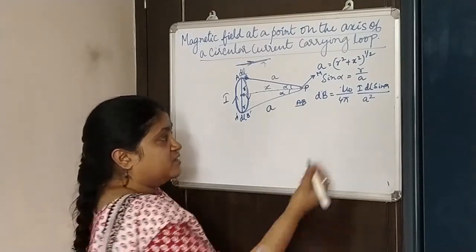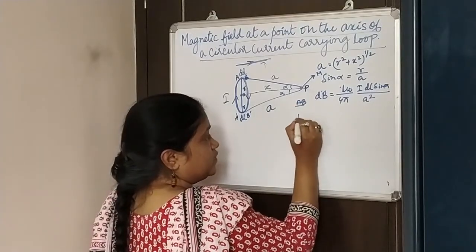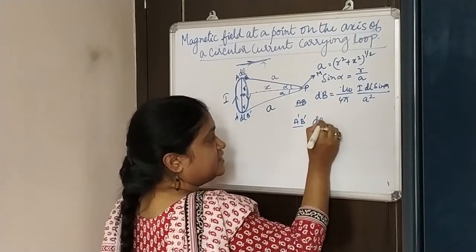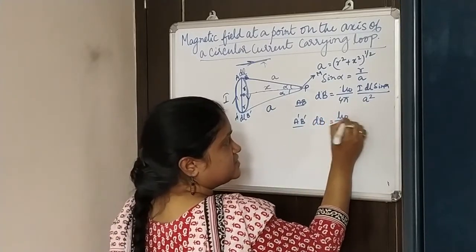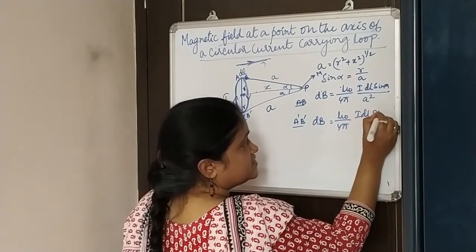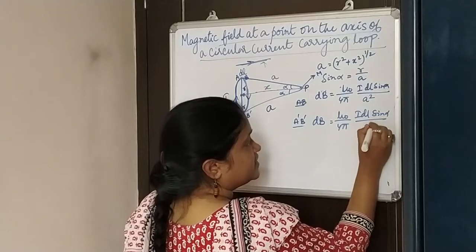In the same way we can calculate it due to A dash B dash, and this magnetic field dB will again be the same, mu naught by 4 pi I dl sine alpha by A square.